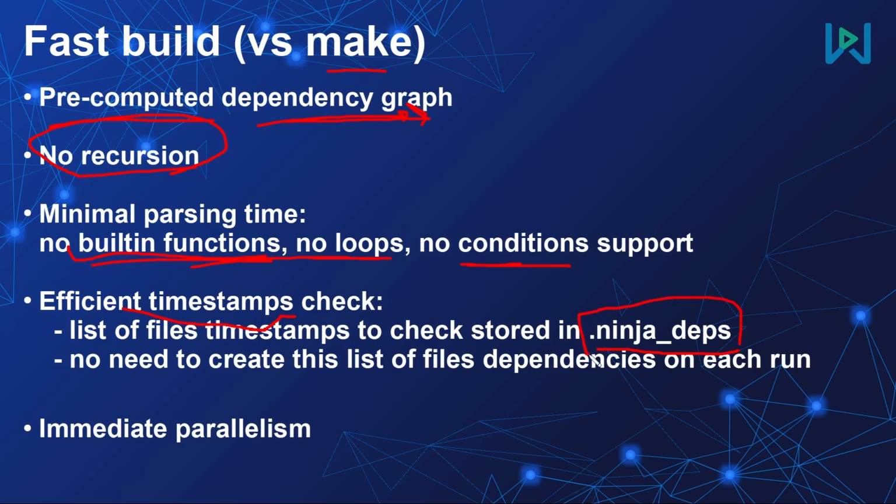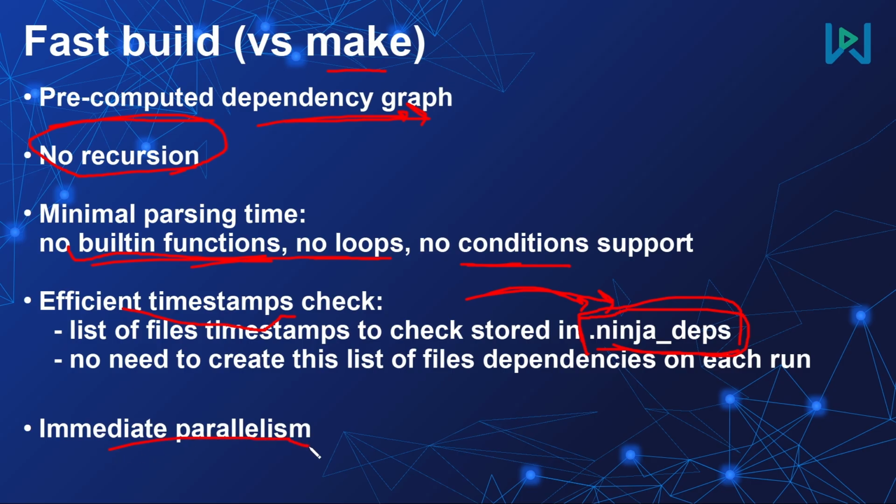And hence, to get the list of files to check their timestamps, Ninja will go right away to this Ninja deps file. Then it checks the timestamp of the different files listed within it. So instead of evaluating the different rules to get the list of those files, Ninja needs just to read out this Ninja deps file to get this list.